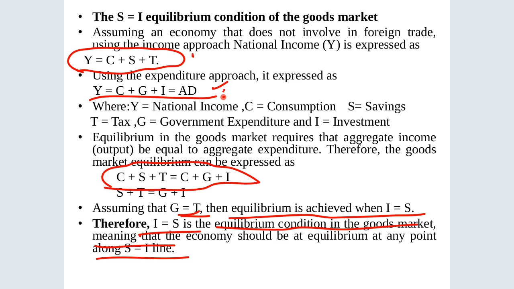Once you equate this and cancel the like terms, you get S plus T equal to G plus I. Then we assume the government expenditure is equal to the taxes collected. In this case, investment should be equal to savings, and this is the equilibrium condition in the goods market.